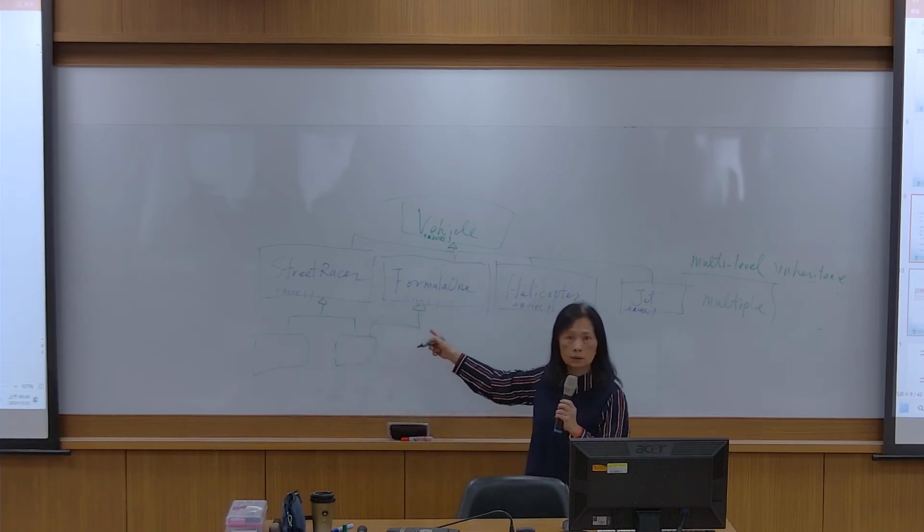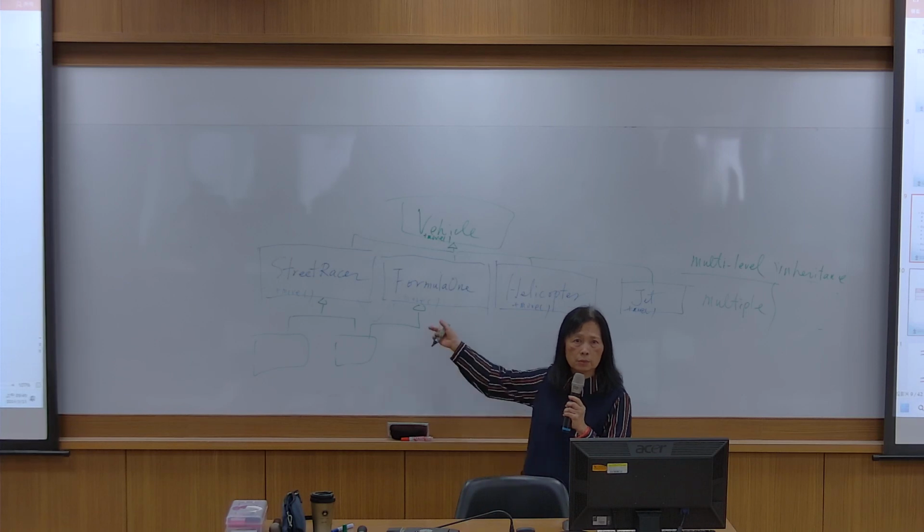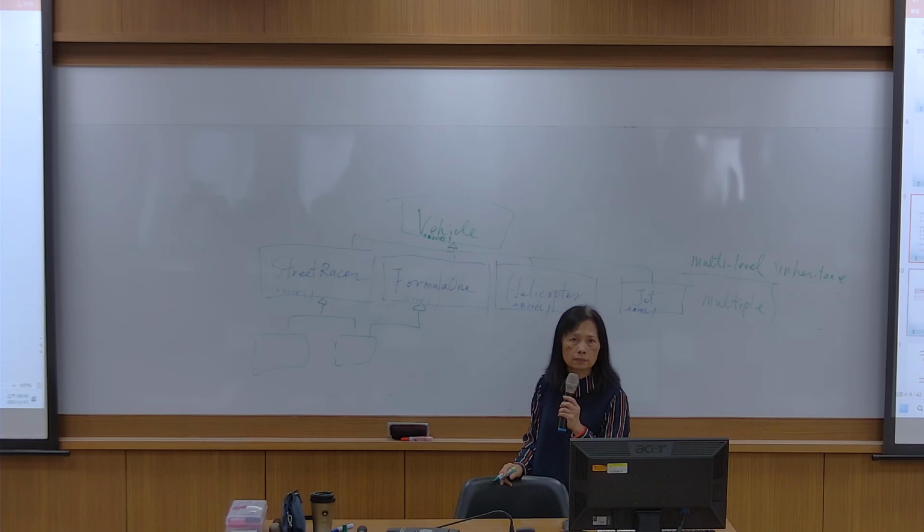Is it allowable in Java? Can Java implement more than one parent? Java maybe cannot do this. Why? Do you want to tell me why it's not allowable?